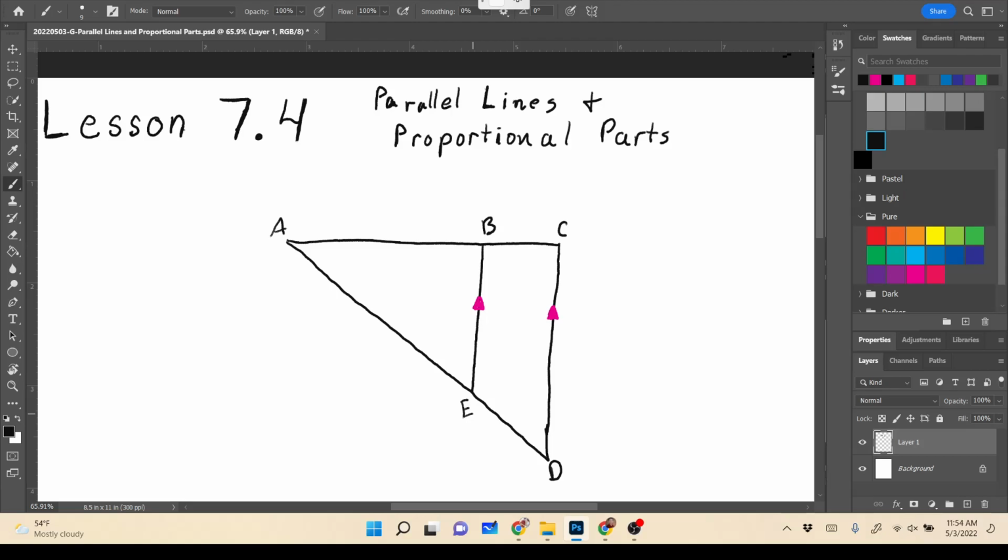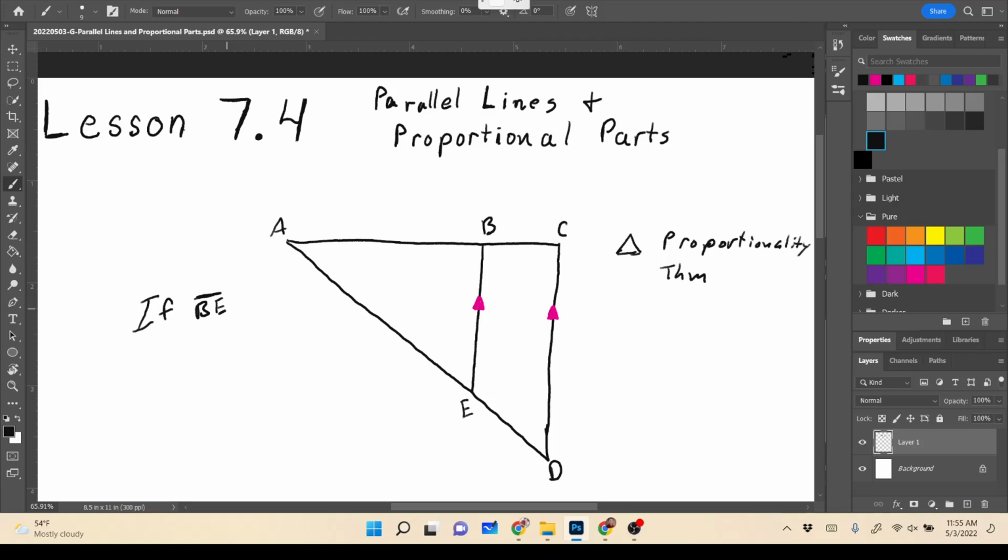So the triangle proportionality theorem says that if BE, we've kind of already seen this in action a little bit.